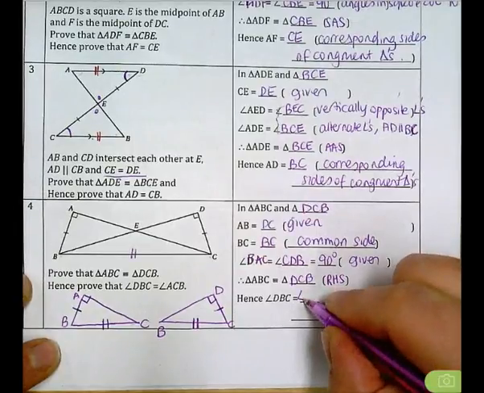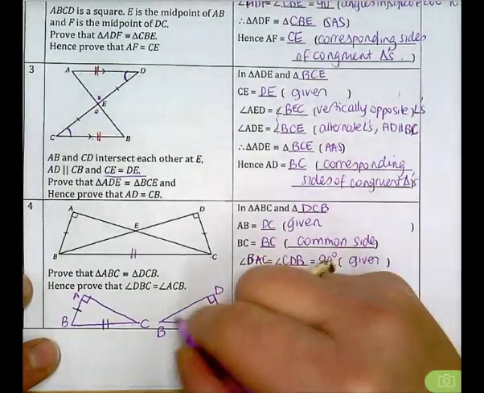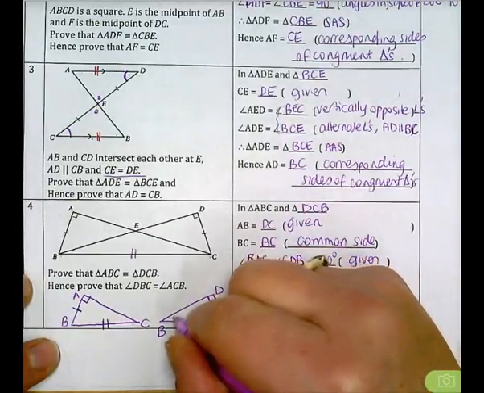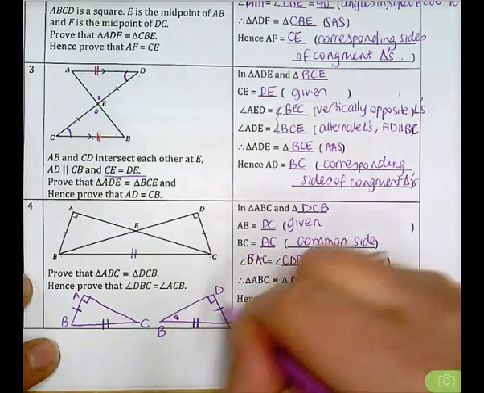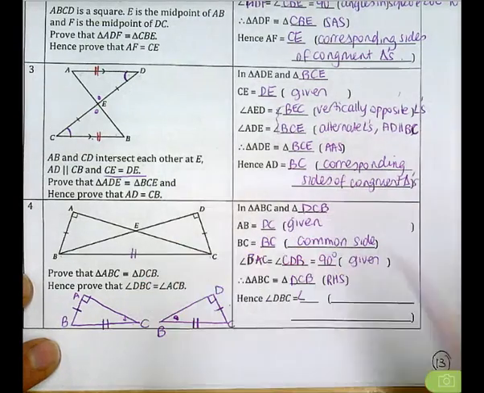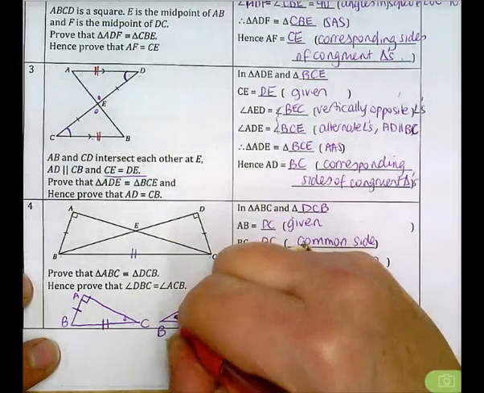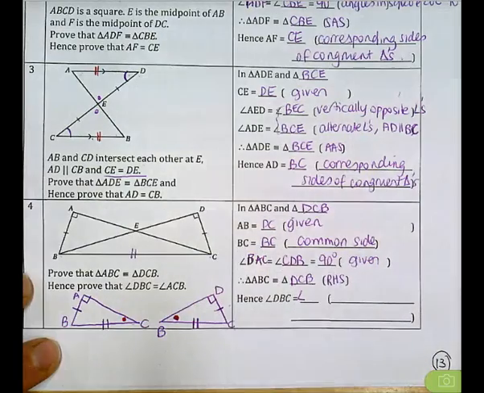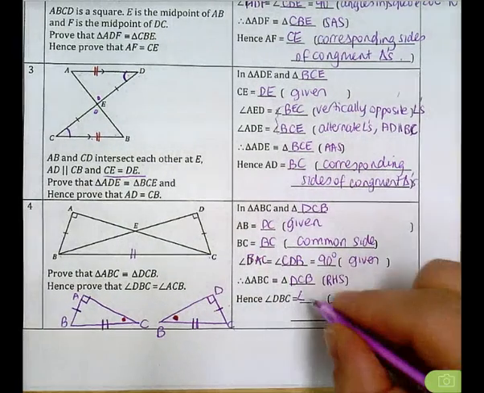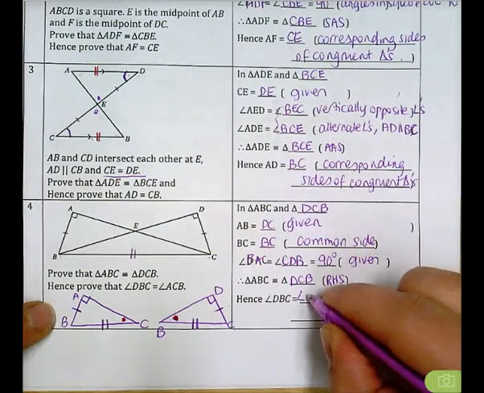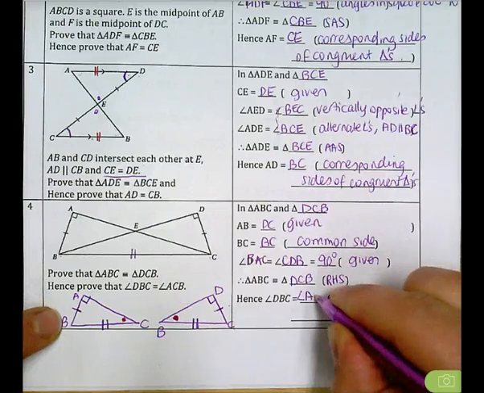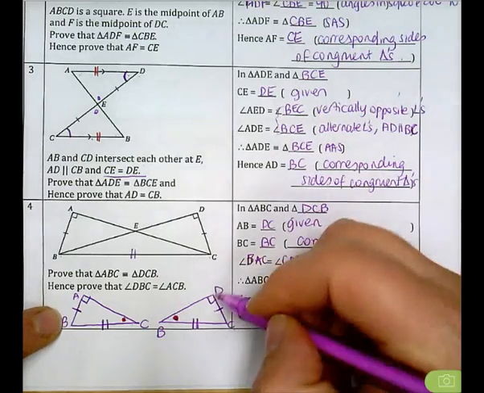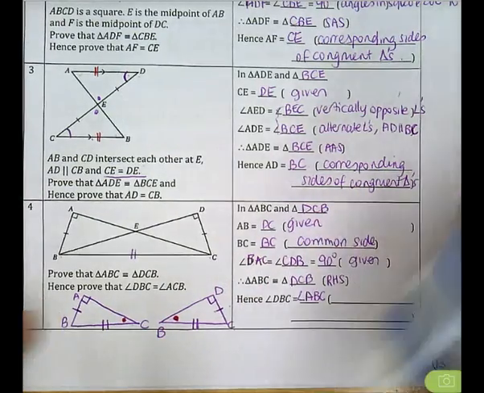Hence, angle DBC, if we look at where angle DBC is, it's this one here, and it's opposite the single dash side. So it will be the corresponding or matching angle to angle ACB. Sorry, I've made a mistake there.